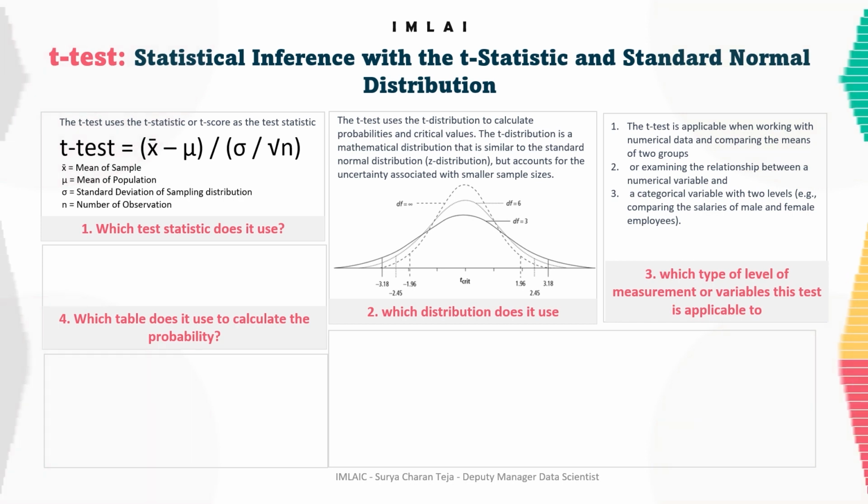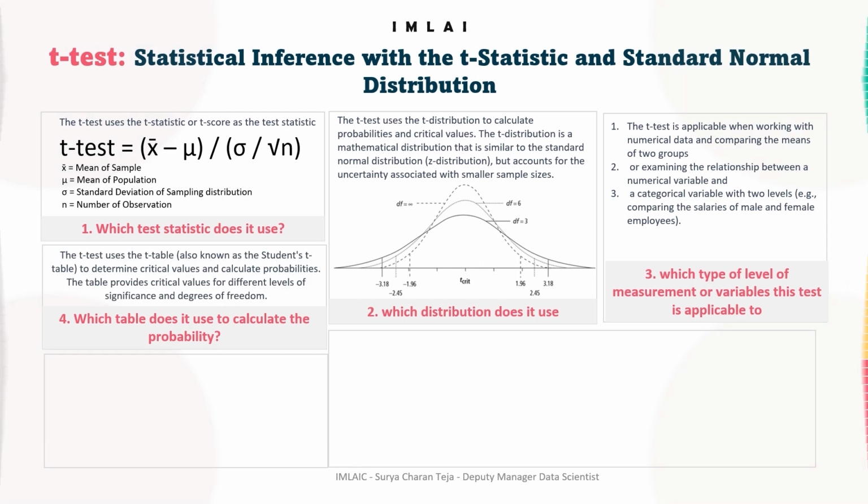The term degrees of freedom is very, very important. In the Z test, we use level of significance and the respective probability value. But here, level of significance as well as degrees of freedom both matter.